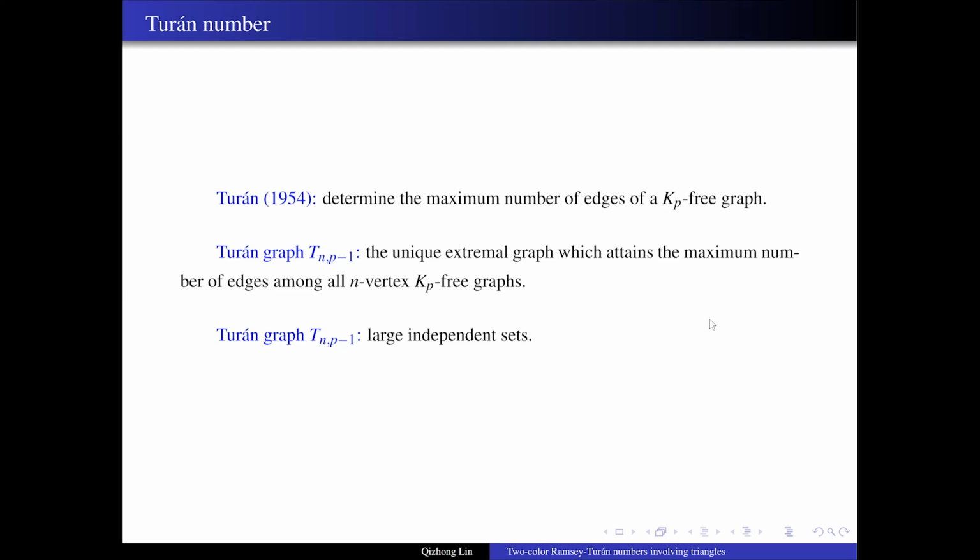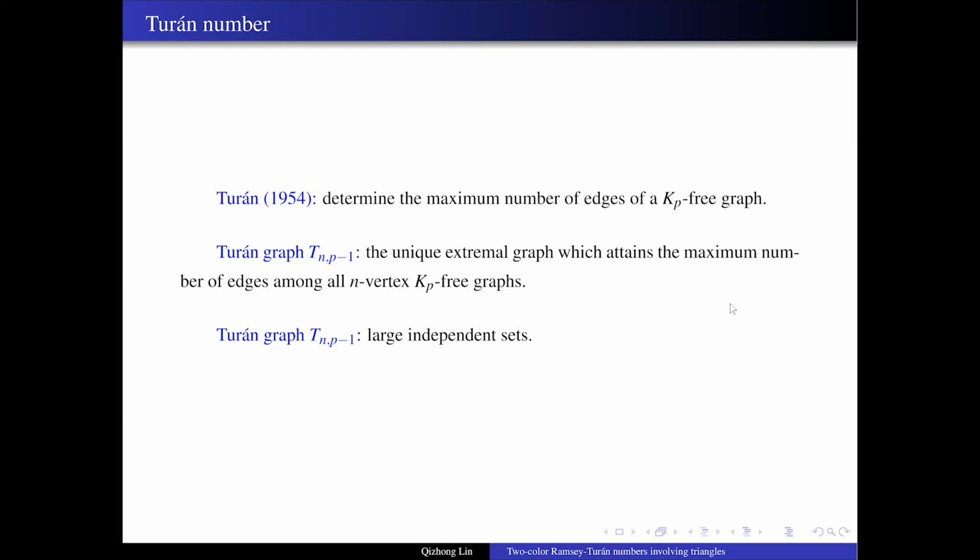In particular, Turán proved that the balanced complete p-partite graph, now called the Turán graph, is the unique extremal graph which attains the maximum number of edges among all n-vertex K_p-free graphs.